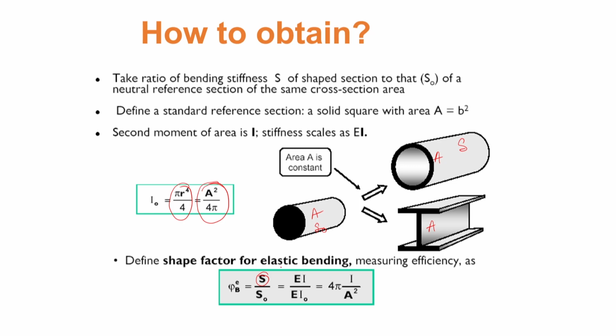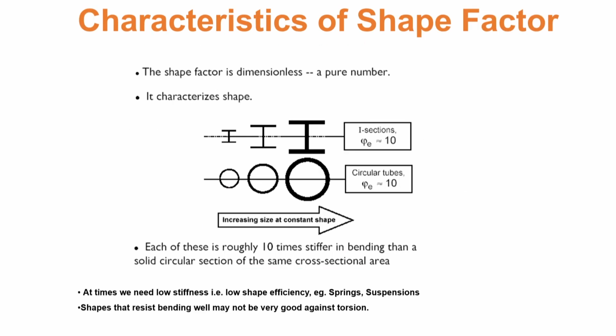So, with respect to the circular cross section, if I consider this to be A0, then phi BE will be 4 pi I over A0 squared. Okay. So, that is the shape factor against bending.